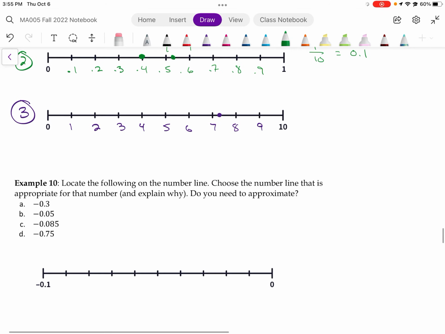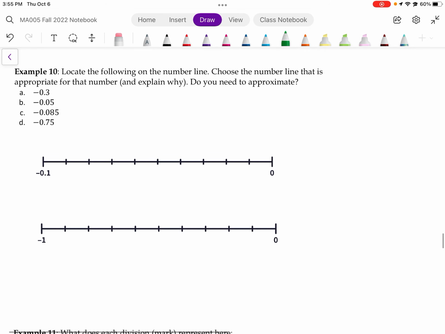All right, moving on. Locate the following on the number line. Choose the number line that makes the most sense and explain why. So these are negative. So let's look at what each one of these is. So this is going to be divided into 10. The first one is 0.1 divided into 10, so each one is 0.01.